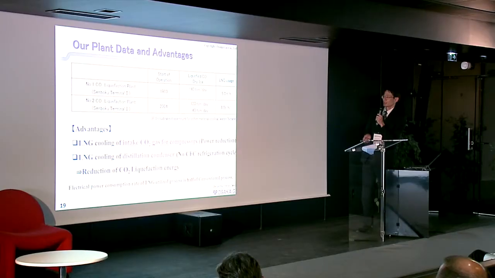Energy usage is like this: 5 ton power and 8.5 ton power, very small. Also, this new system, the cryogenic energy utilization system, consumes about half of the conventional system.